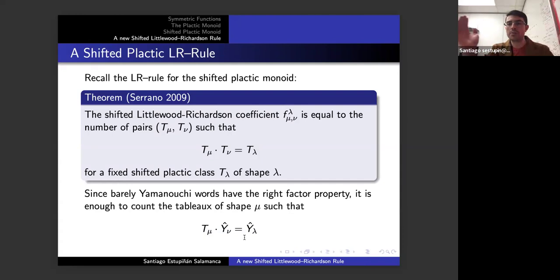So if a certain long word satisfies the Berli Yamanouchi condition from right to left, as you read a smaller section of the word from right to left, then it also has to satisfy this condition. And a stronger result is true. Not only is the right factor Berli Yamanouchi in this case, but it is Berli Yamanouchi of the appropriate shape.